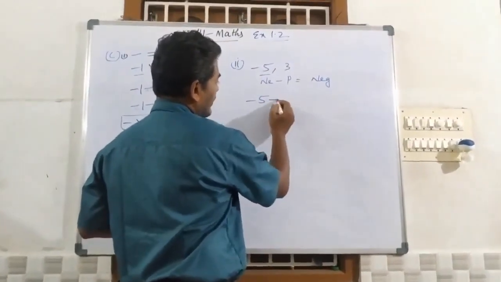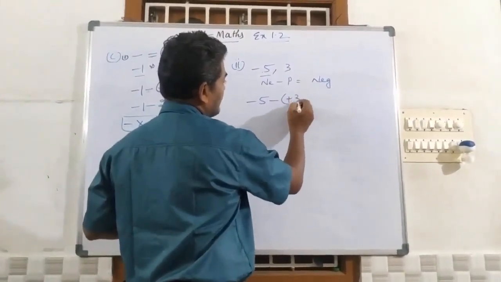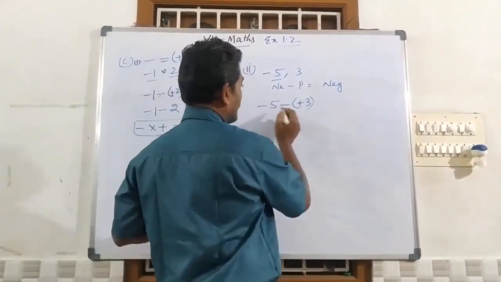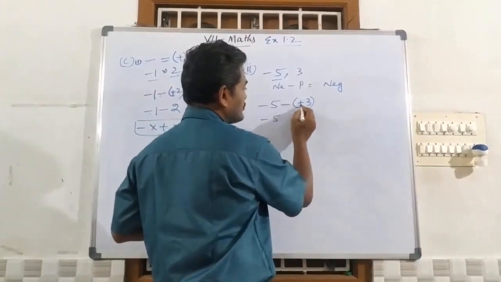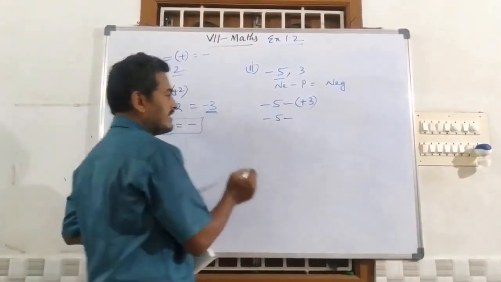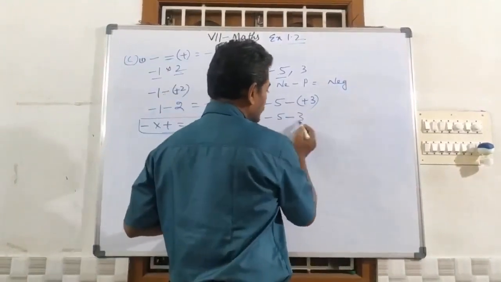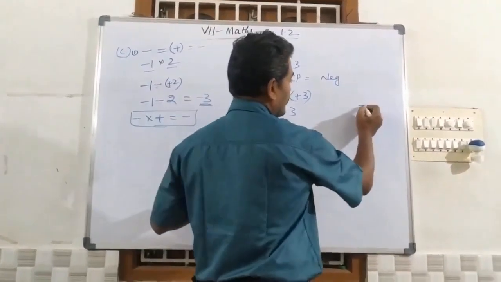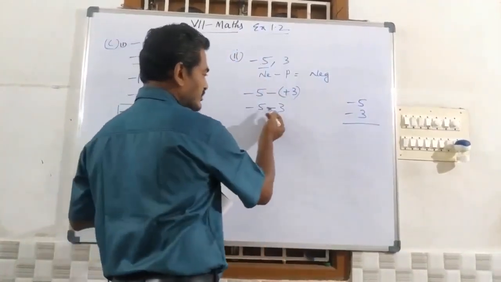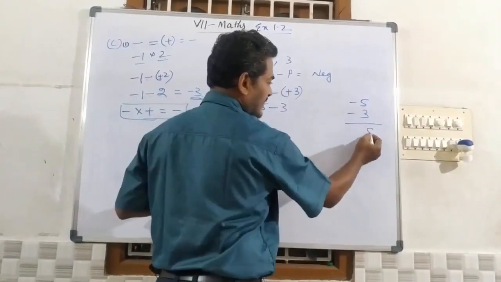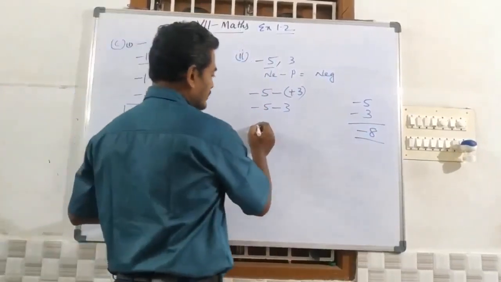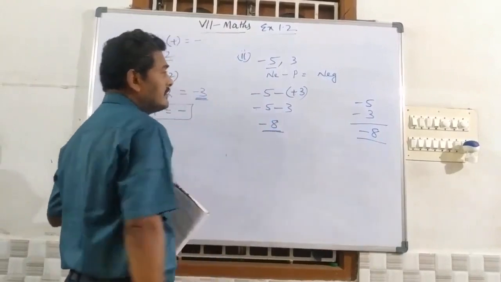So minus 5 minus plus 3. 3 we can take as plus 3. So minus 5, minus into plus is minus, minus 3. Here both are negative numbers, so minus 5 minus 3. Both are negative, so we add 5 plus 3, 8, and keep the minus. So that equals minus 8.